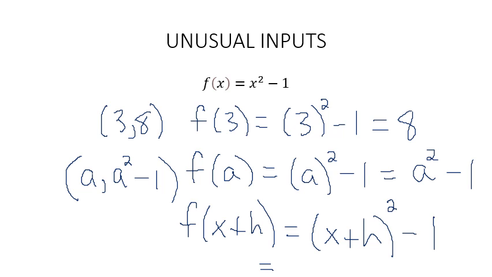So if I was to write this out expanded, it would be x squared plus x times h plus another x times h, so plus 2xh plus h squared minus 1. So when we replace the input with an expression, we generally get out another expression, and not always a very pretty looking one.